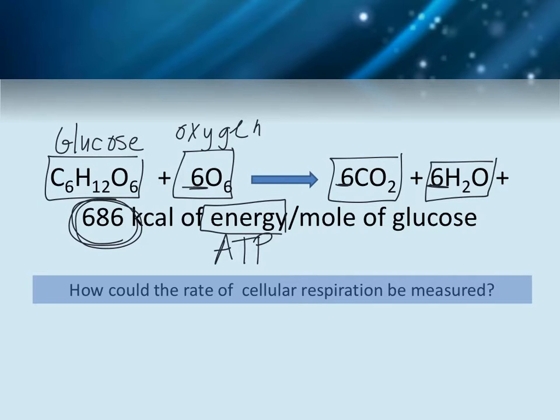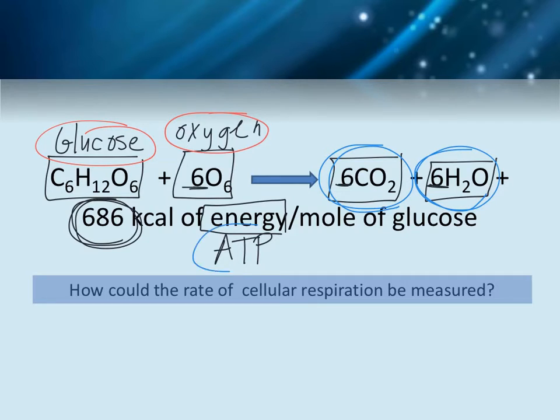Well, we could calculate how much glucose is being used, so how fast the glucose is being used up, or how fast the oxygen is being used up. Or we could calculate how quickly the CO2 is being produced, how quickly the water is being produced, or just how quickly the ATP is being produced.